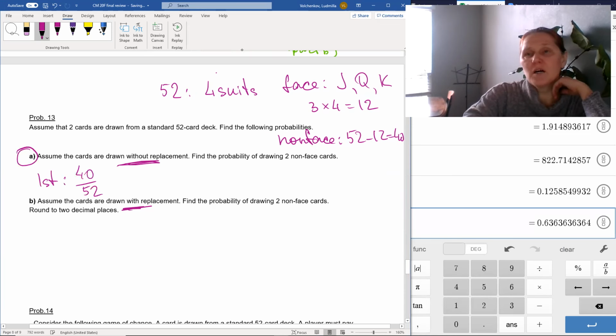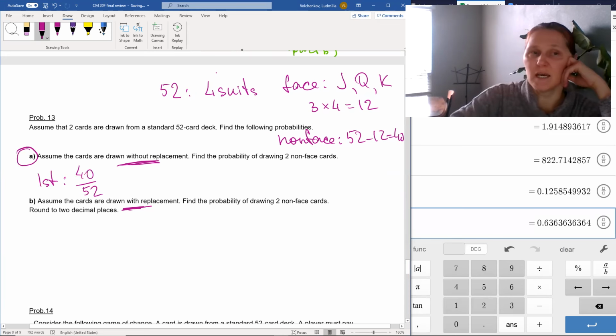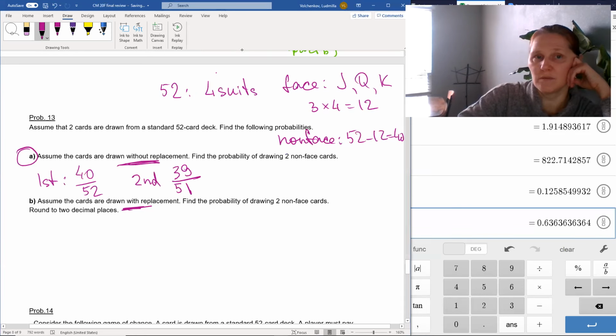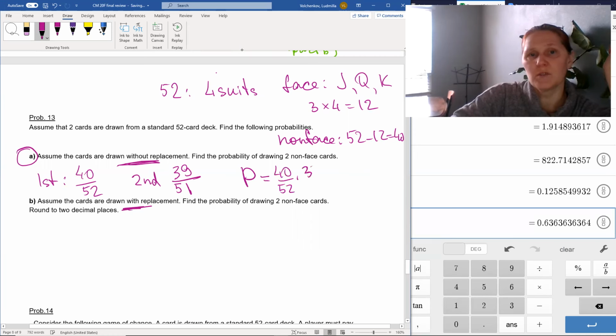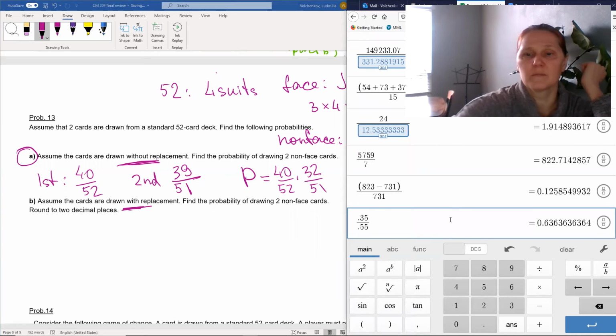Part A, without replacement, it means that by the second drawing, we have only 39 non-face cards and only 51 in total. The probability that we are asked to find is the product 40 over 52 times 39 over 51.